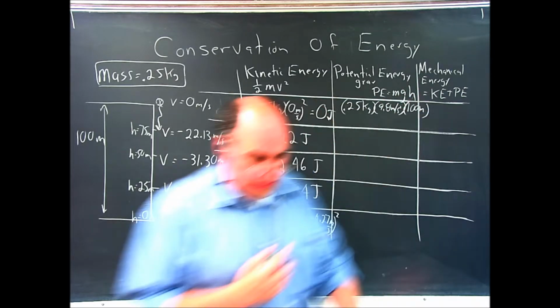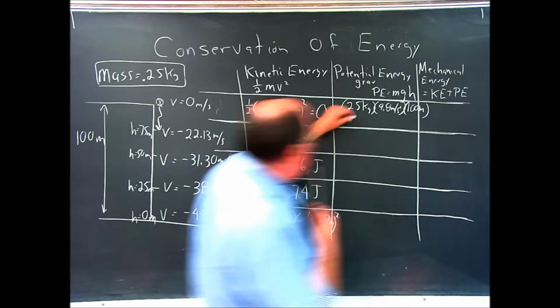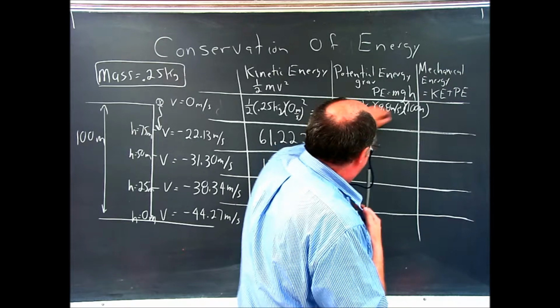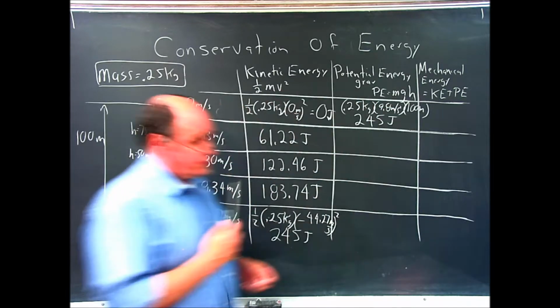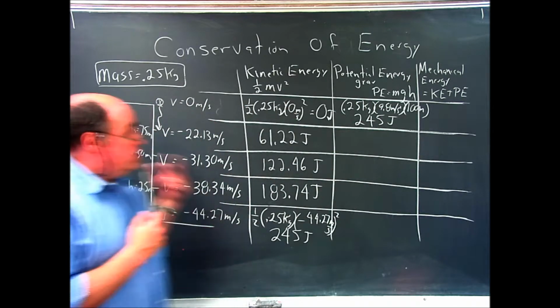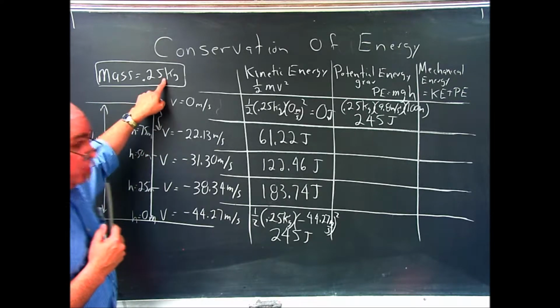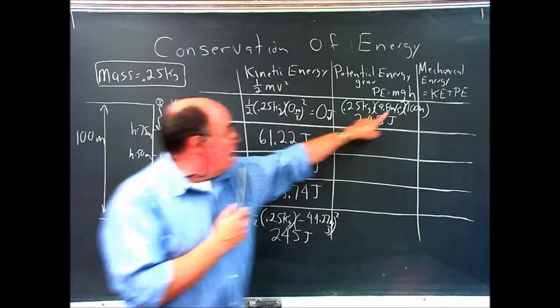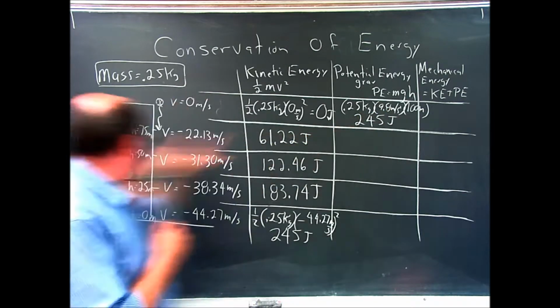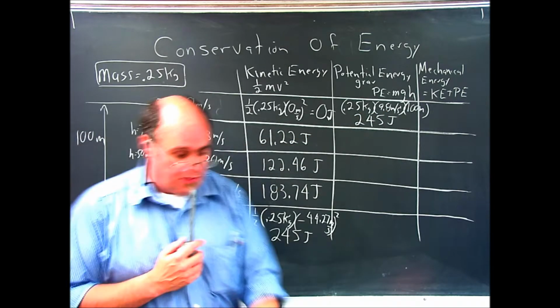When I calculate that, this comes out to be 245 joules. And you have to just keep on doing it with all the heights. So at this particular location, you'd have 0.25 times 9.8 meters per second squared times 75 meters. Again, I'm going to put down the mic and just do these.